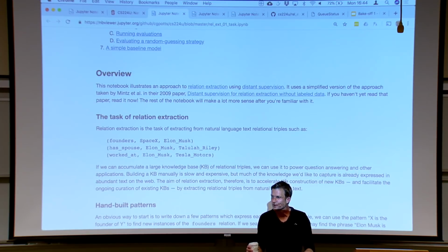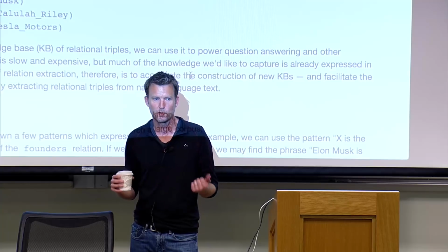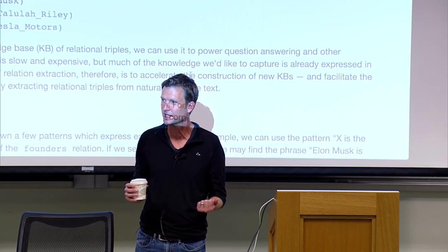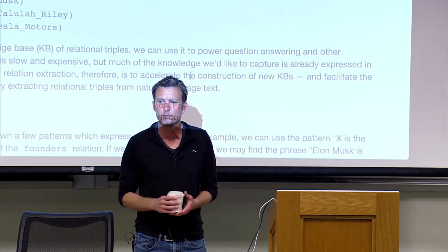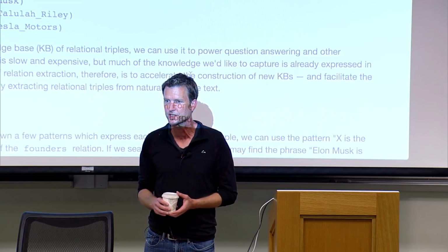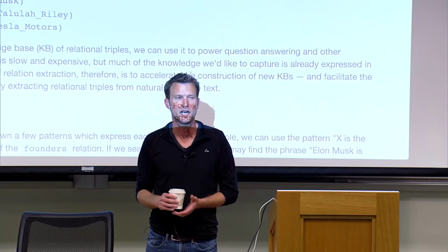So why would you care about that? Why do we want to have these large knowledge bases? It turns out that they're incredibly useful, first, because a huge proportion of human knowledge can be expressed in this form. And second, because there are abundant commercial applications for knowledge bases like this.